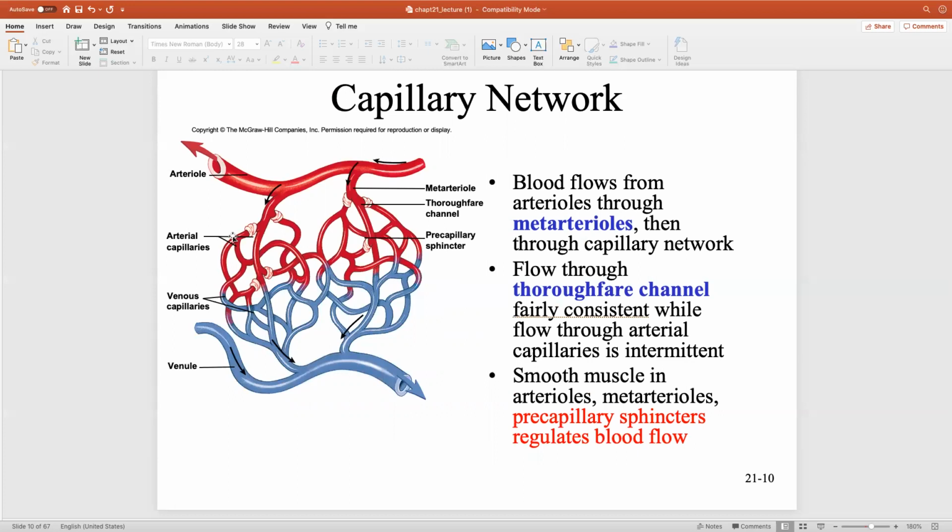So what happens? Let's say you're exercising. As you're exercising and you're jogging, you need more blood to go into the active leg muscles. So in the leg muscle area, the capillaries there will have a relaxation of these sphincters.